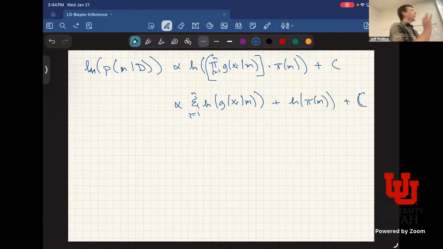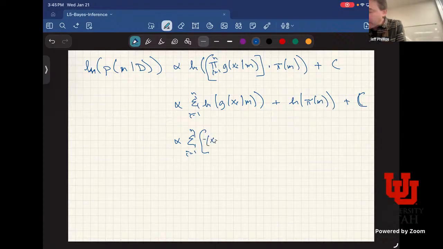Again, I'm going to end up maximizing this, so I don't care what the constant is. It's an absolute constant. Okay, and now this will be proportional to, and now I take the log inside the sum, I take the log of the exponential, and that log of the normal distribution, right? That was the product of the coefficient and the exponential.